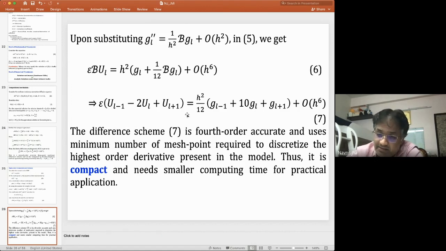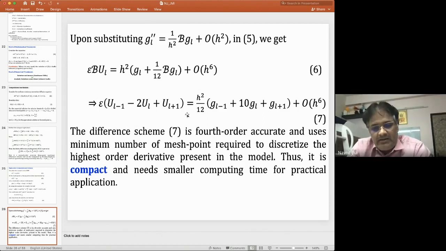It doesn't mean that by considering 5 mesh points, we do not get a scheme. Yes, we get a scheme by incorporating 5 points, 7 points, 9 points, as many as you wish, but by taking more than 3 points, it requires fictitious points, and we have difficulties in taking fictitious points because we don't have information beyond the given domain.